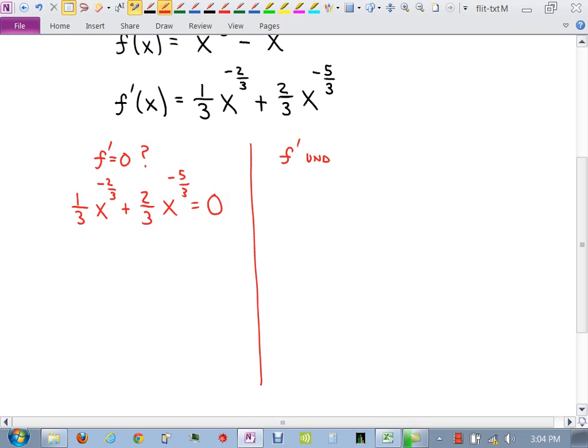Or do you even want to? Not really, but you have to, right? My instinct here, I don't like the 1/3, 2/3. I'd like to clear the fraction. I'm just going to multiply everything by 3. All right, and that would give me, I can do that because it's an equation, right? Anything else I can do?